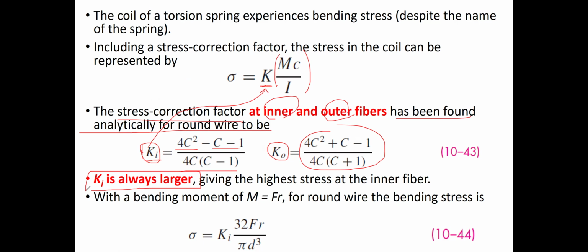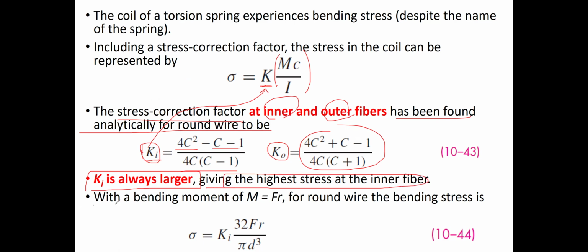You can imagine that, because of the curvature and the force applied, the stress sigma at the inner fiber is always higher. So Ki is always higher, given the highest stress is at the inner fiber.